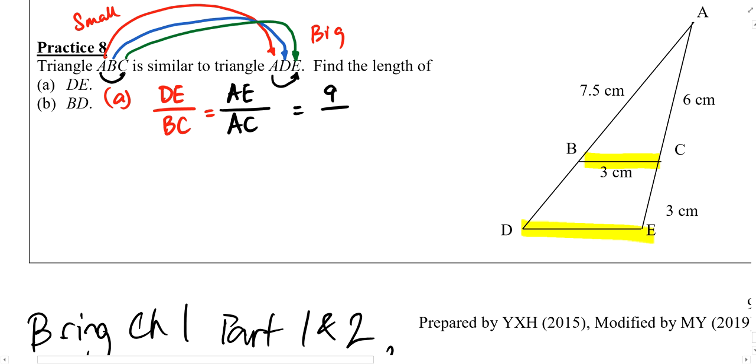And what is the length of AC? 6. Now BC. Do I know BC? Yes, it's given to me to be 3. So therefore DE must equal 9 over 6 times BC, which is 3. This will be 3, this will be 2, 9 over 2, 4.5 cm.